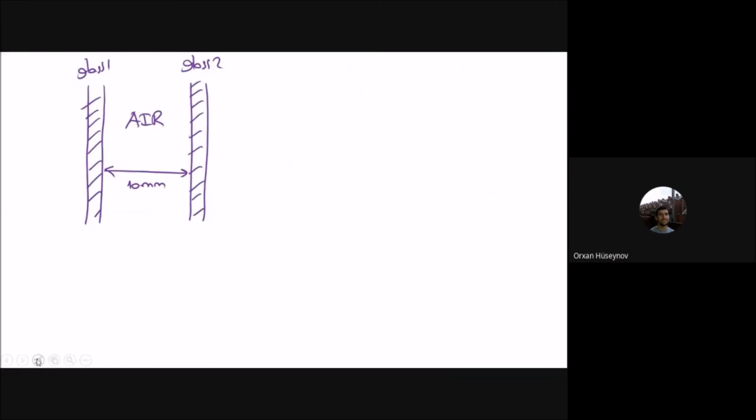Okay, and for this distance, let's say this one is D. If D is small, it means that air can't move, because the distance is very small, so there is no space for air to create a current. We call these convection currents.